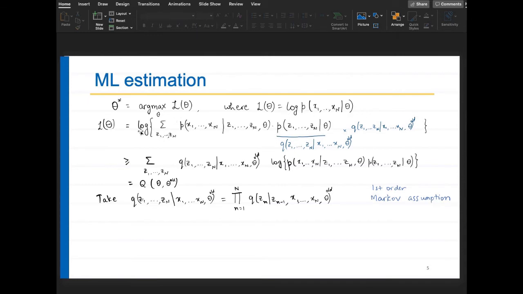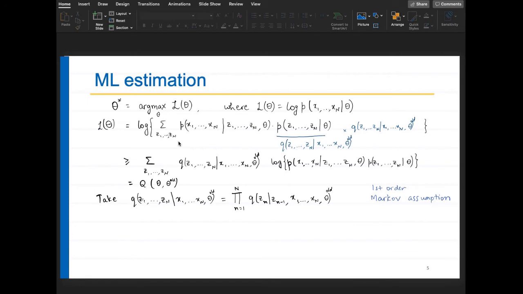Now you can decompose your log likelihood. You can introduce latent variables, which in this case are z1 to zn. So you write it as the joint distribution of observations and latent variables, marginalizing over the latent variables.